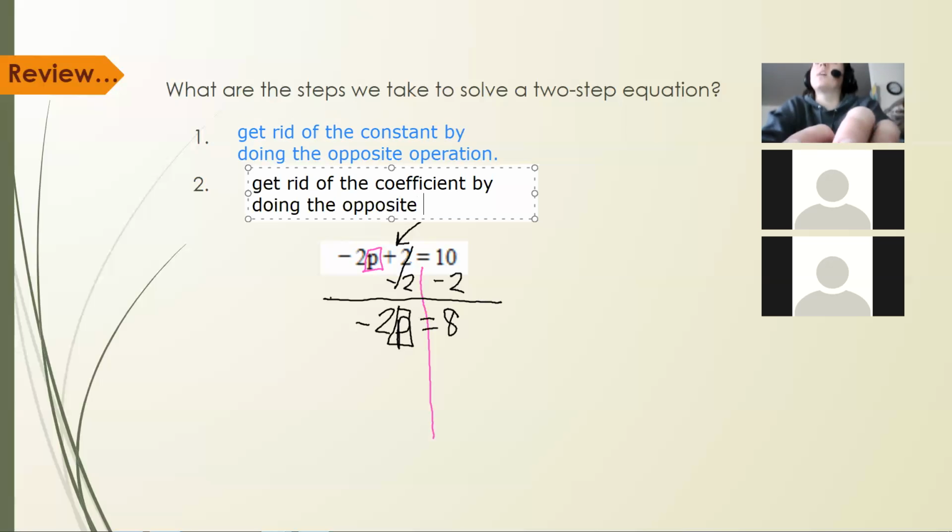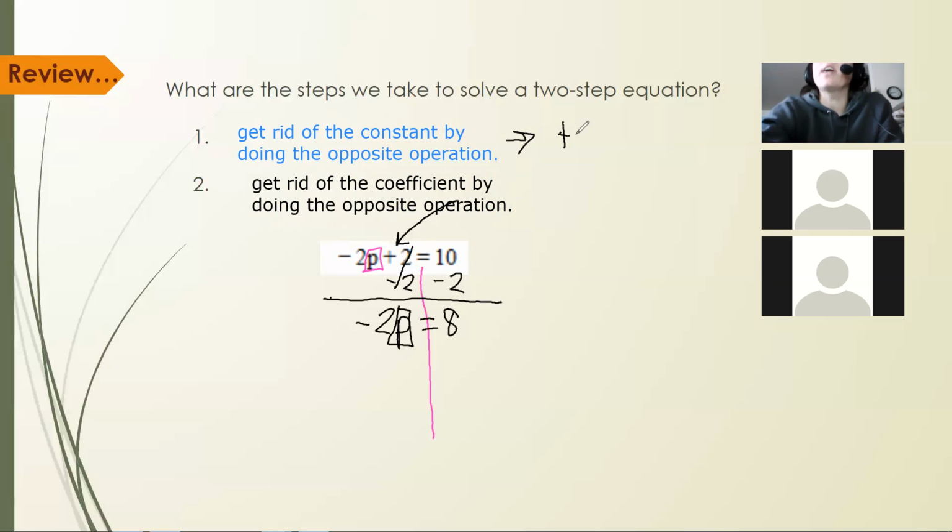opposite operation. And with two-step equations, what's kind of cool is that for number 1, you will always be adding or subtracting. And then for number 2, you'll always be multiplying or dividing. Very cool.